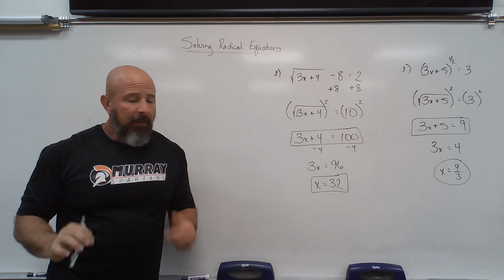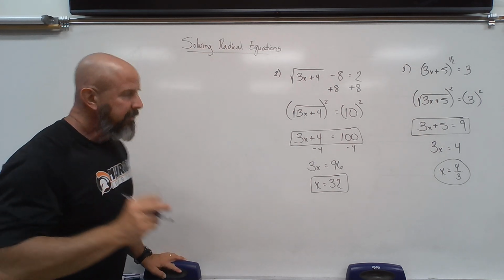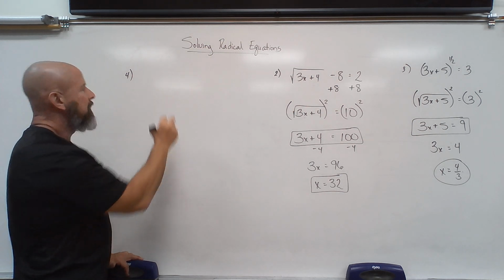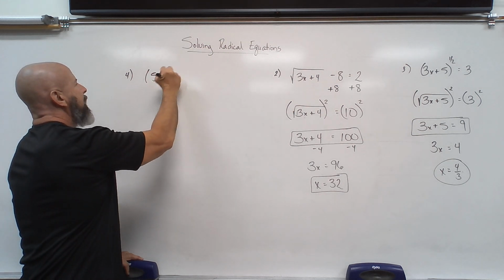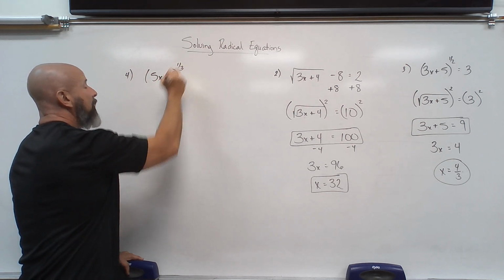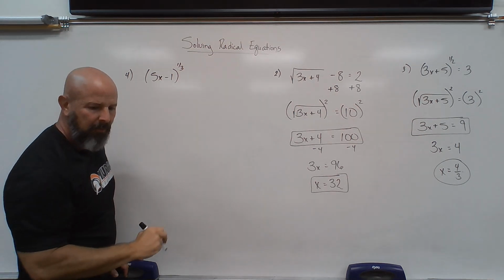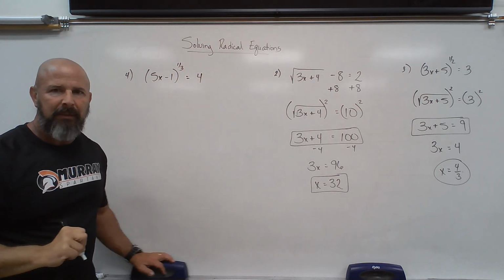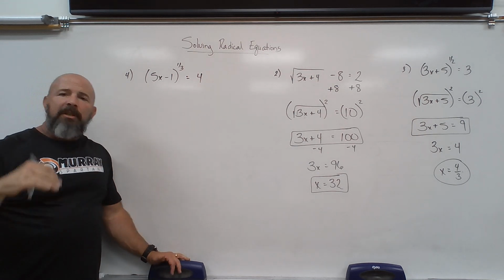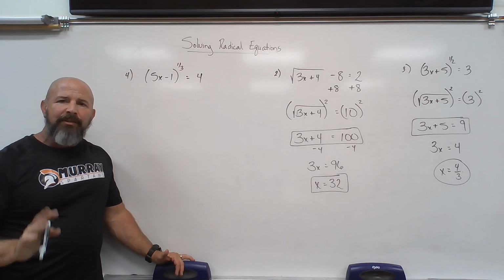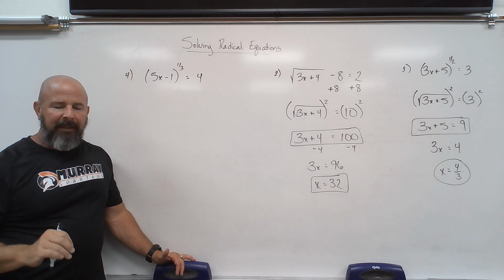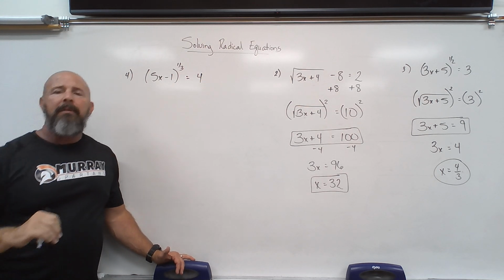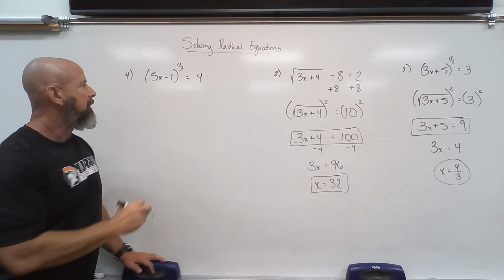Sometimes we'll see a different rational exponent up there. Let's say I had something like this: 5x minus 1 to the 1/3. So I've got a 1/3 rational exponent instead of 1/2. I still need to remember that a rational exponent is representing a root. Since it's a 1/3 power, this would be a cube root.